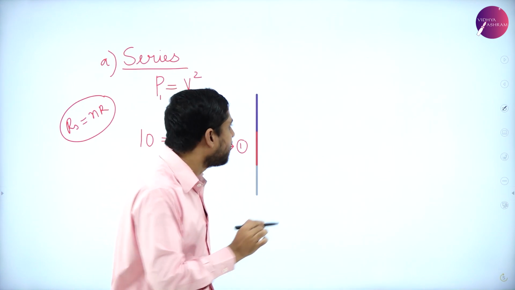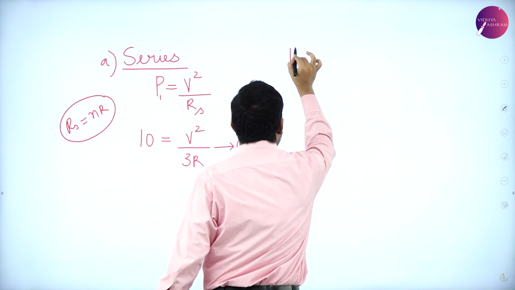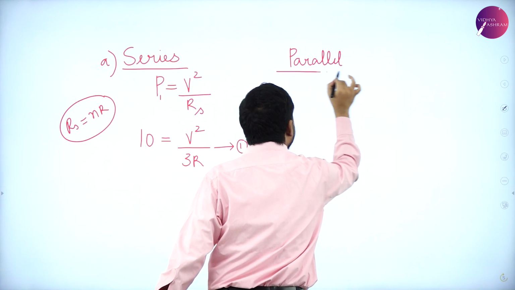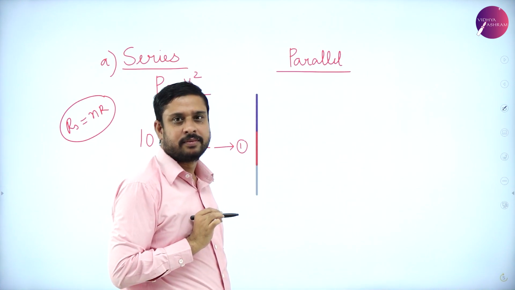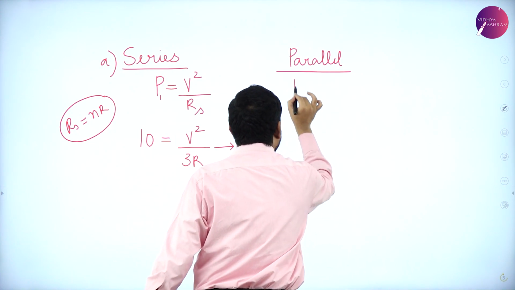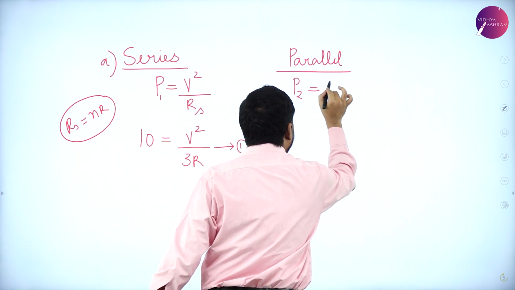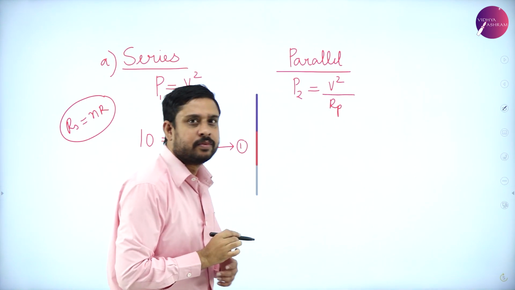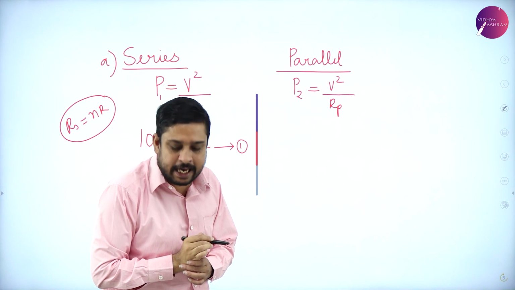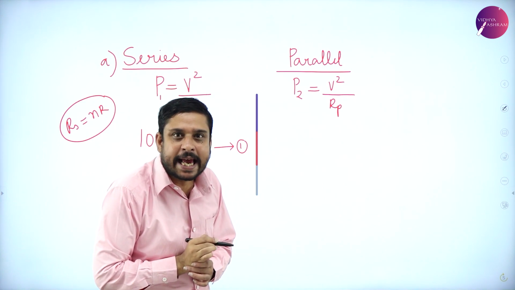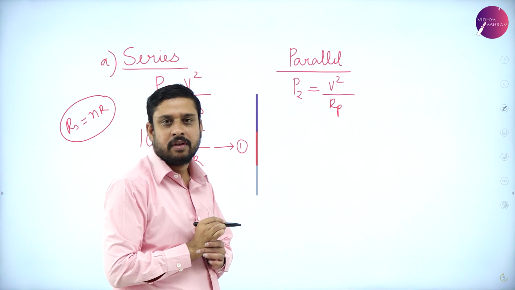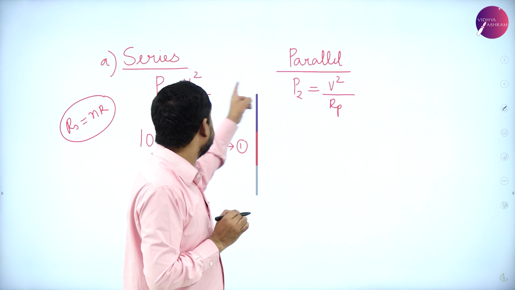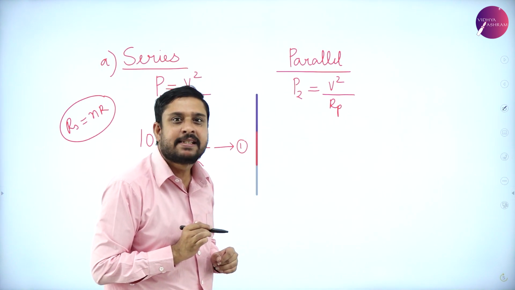Now the same 3 resistors are connected in parallel. In this case, P2 is V square by Rp. Since the problem says they have the same EMF, the value of V remains the same.